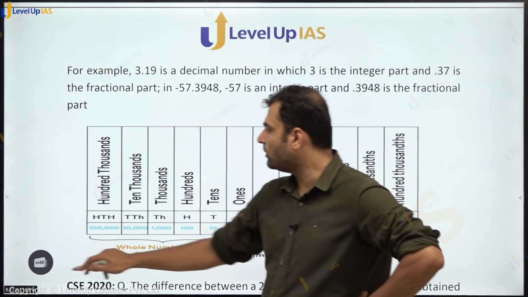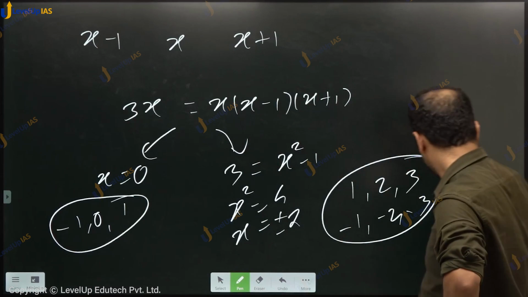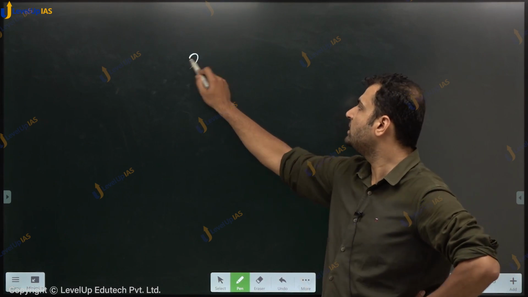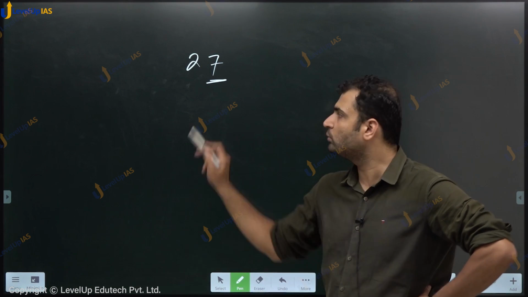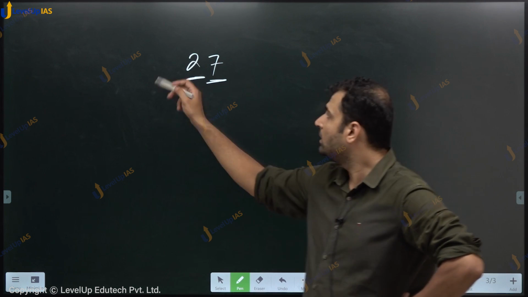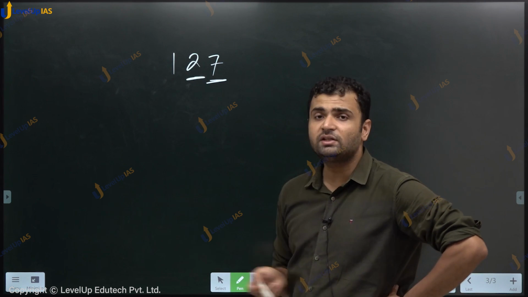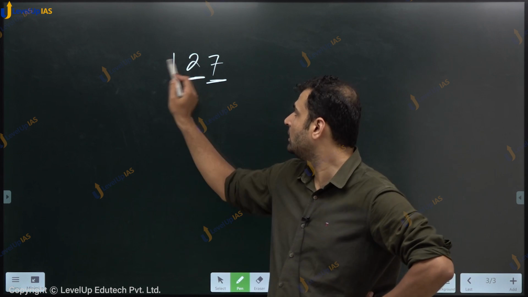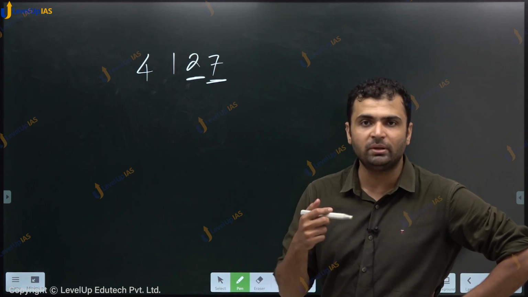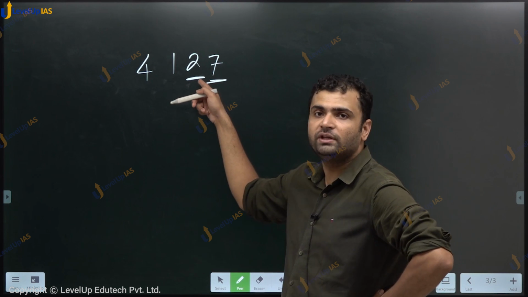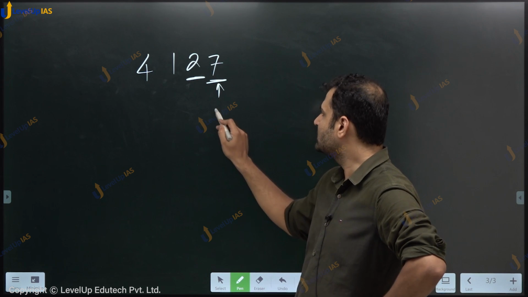If we talk about a number like 27, this is what we call the units place. This is the tens place. If I add more digits, this is the hundreds place, this is the thousands place, and so on. I hope you are all familiar with this. The place value of this 7 at the units place is just 7.